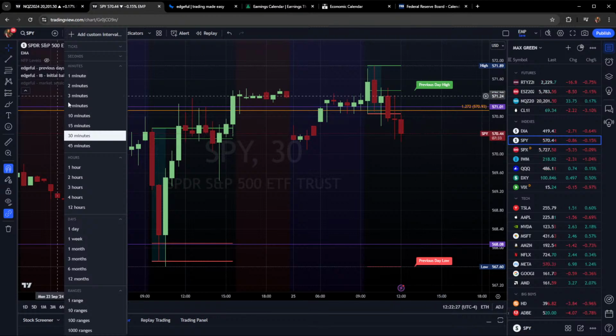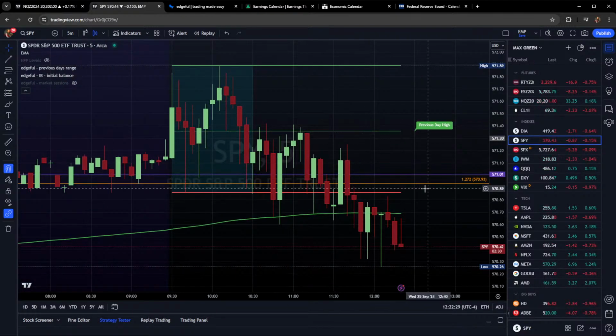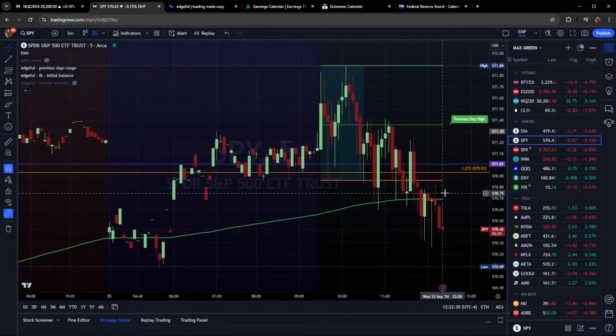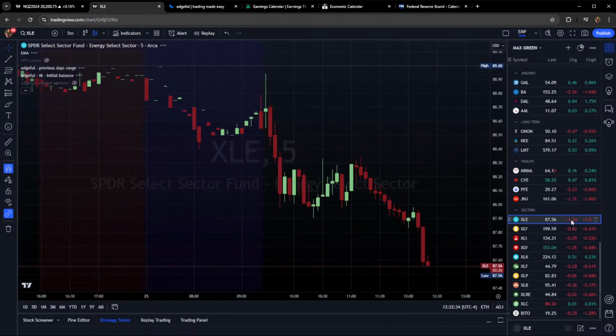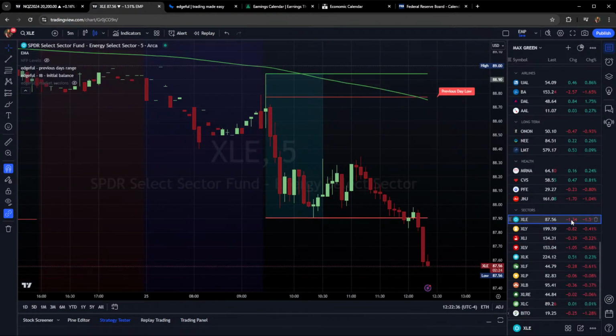And SPY just looks bearish as hell. Look, they are crushing energy. Crushing.